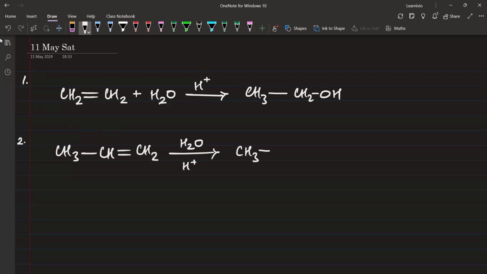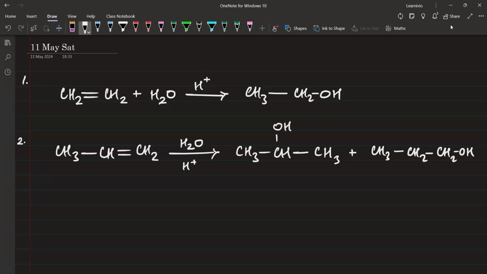If you remember Markovnikov's rule, you remember that? Yes or no, Rishita? The negative part goes to that carbon atom which has less number of hydrogen. So this OH will go here, and this will become CH3. You will also get a minor product in which you will have CH3 CH2 CH2OH. So basically, you will be getting two products, but this will be the major product, and you are going to write the major product for the following. So the main thing is that OH is on that carbon atom which has less number of hydrogen.